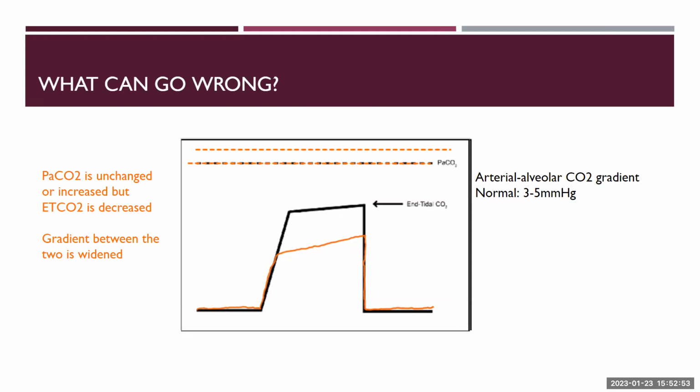EtCO2 generally is placed from early on. We make it a habit of placing a continuous EtCO2 monitor on patients who are intubated because it gives you a wealth of information that might allow you not to do frequent blood gases and all the other measures.